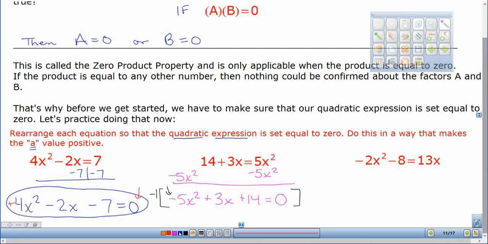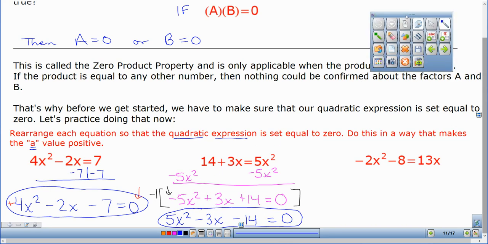My final answer here would be positive 5x squared, negative 3x, negative 14, and negative 1 times 0 is still just 0. So this would be the equation that I would use in order to solve by factoring.